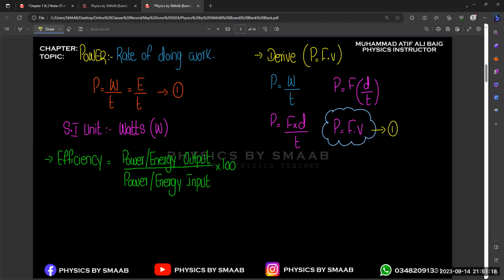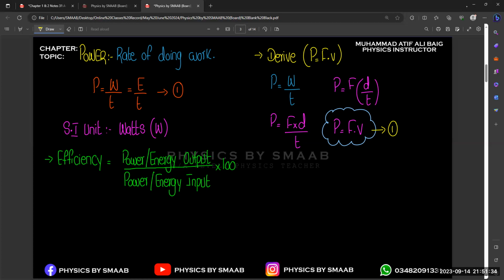And further, if we talk about the law of conservation, we already discussed that energy can be transferred from one form to another. That is known as the law of conservation of energy.